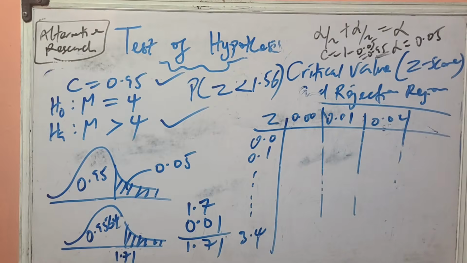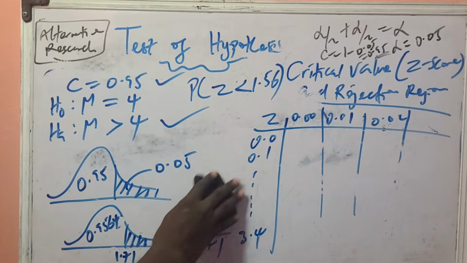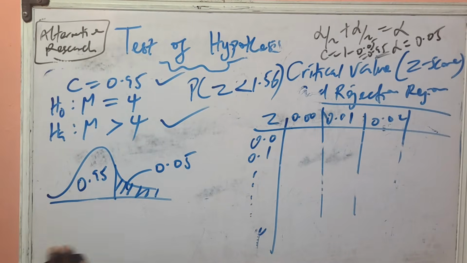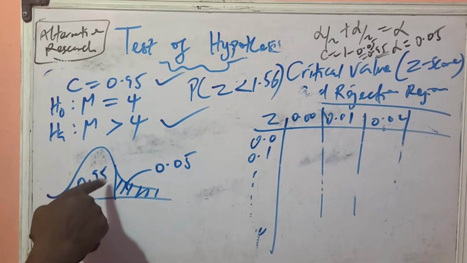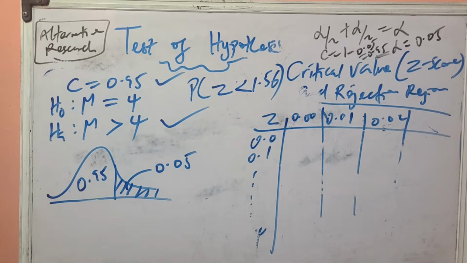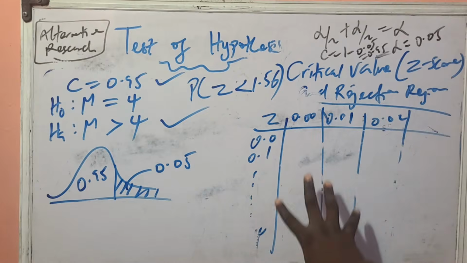Now, I need to tell you guys that there are some scenarios where you will not get the exact value. Can you tell me if you can see 0.95? Let's assume we are not dealing with this 1.71 now. Let's focus on the question we were dealing with before. Now we have 0.95. Can you find the z-score associated with 0.95 as a probability? Go within the table and start looking for 0.95.